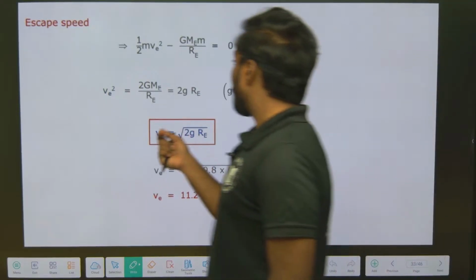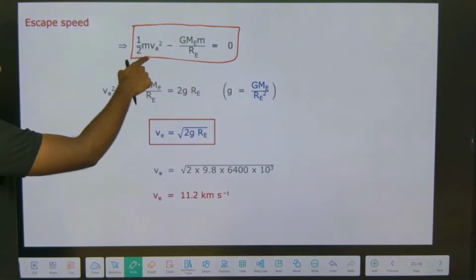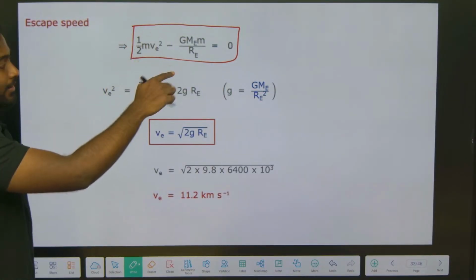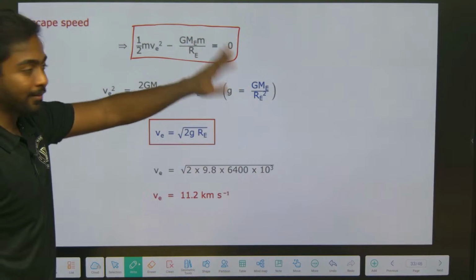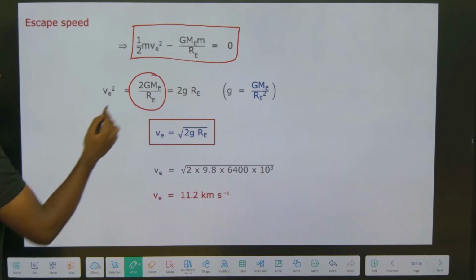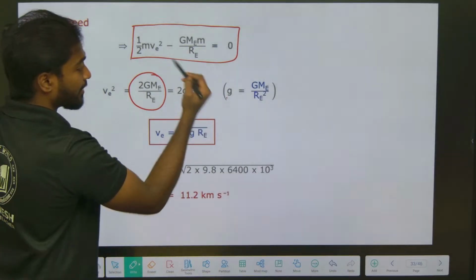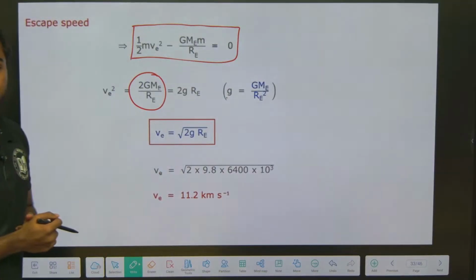How did we get 2g? This is the equation we got: we take half m v square to one side and GMm by r to the other side. So v_e square will be equal to 2GM by r, where g is nothing but GM by r square.